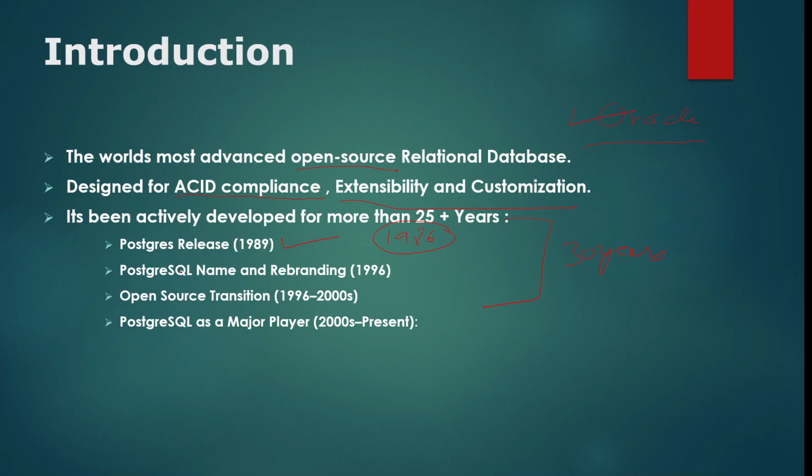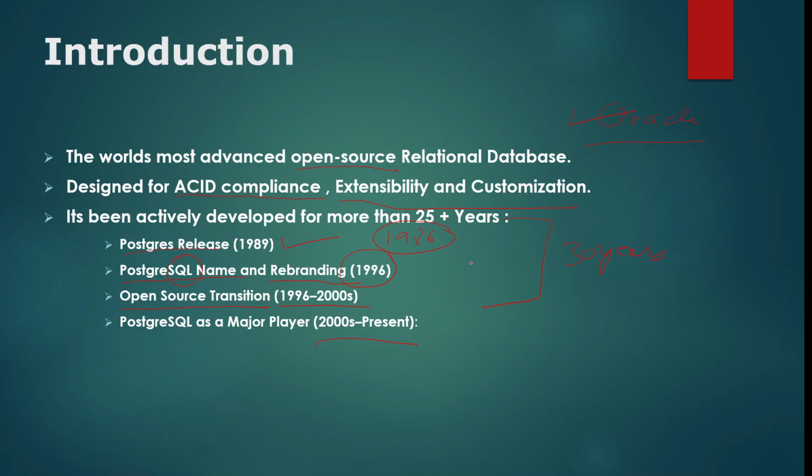In 1989 they released the official version as Postgres, and in 1996 Postgres was renamed PostgreSQL because it started supporting SQL. Between 1996 and 2000 it transitioned to open source, and then from 2000 until now there are different versions available.